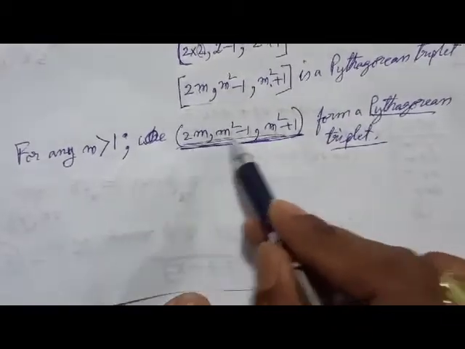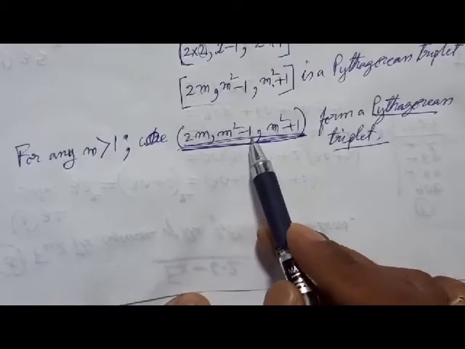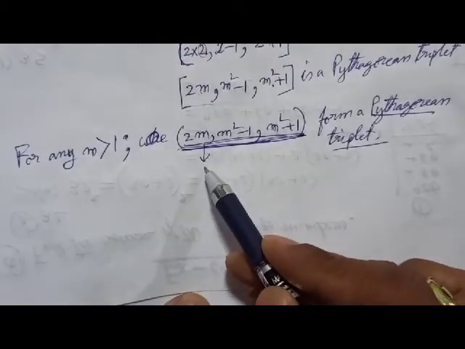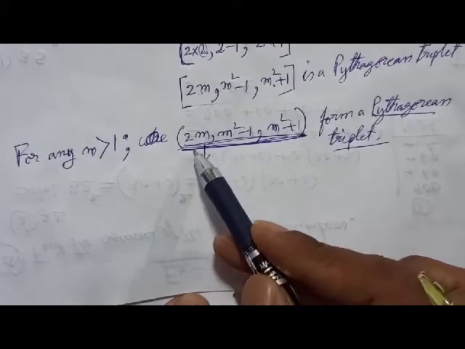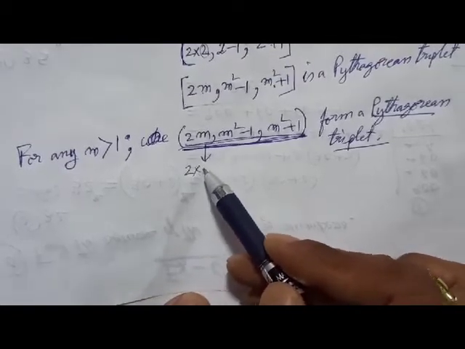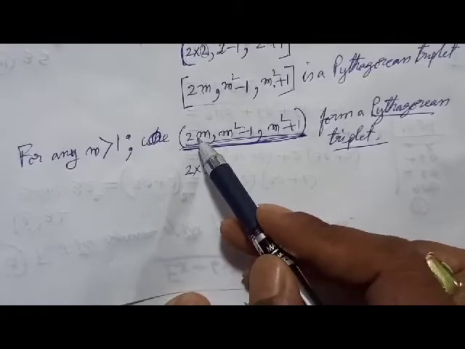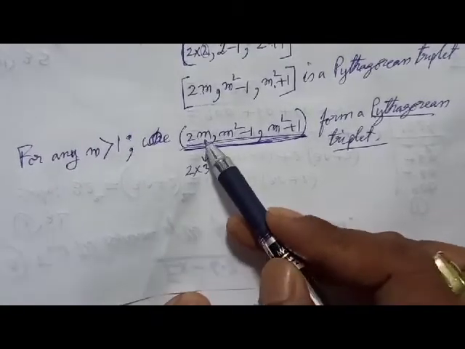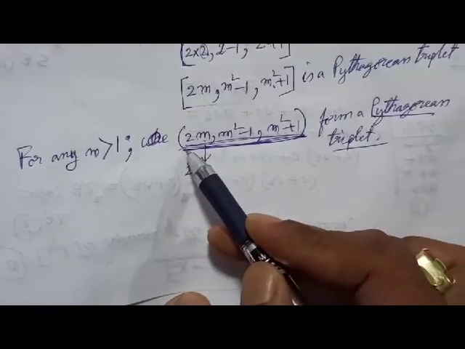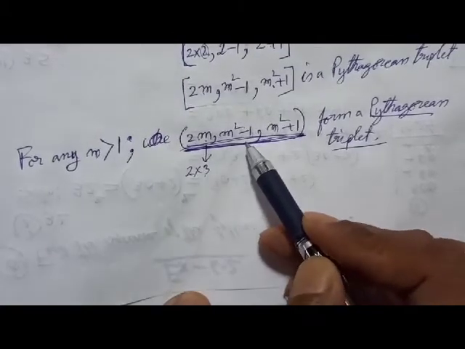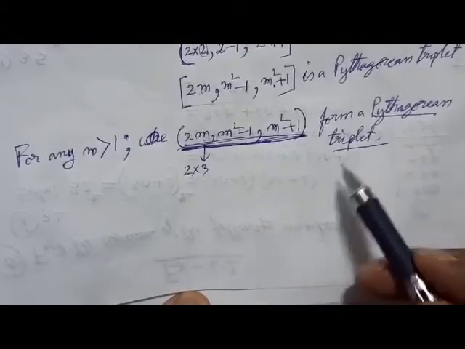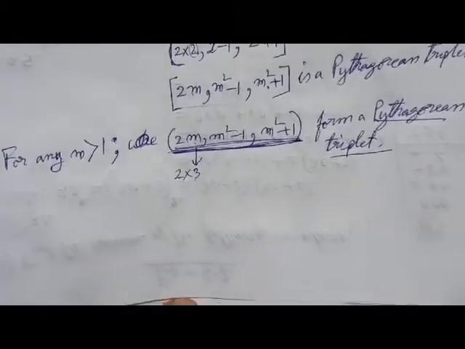Here 2m is the given number 6, so 2 into 3 is 6, which means m is 3. Then we find 2m, m square minus 1 and m square plus 1.